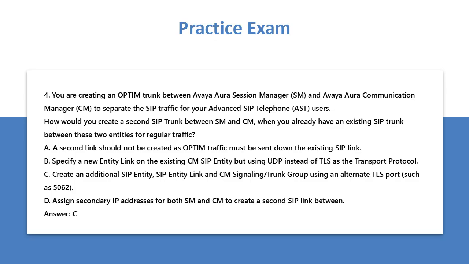C. Create an additional SIP entity link in CM signaling trunk group using an alternate TLS port, such as 5062. D. Assign secondary IP addresses for both SM and CM to create a second SIP link between. Answer: C.